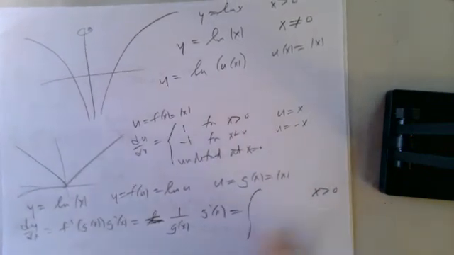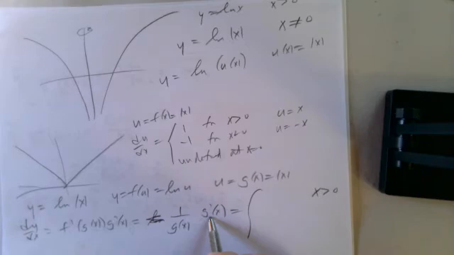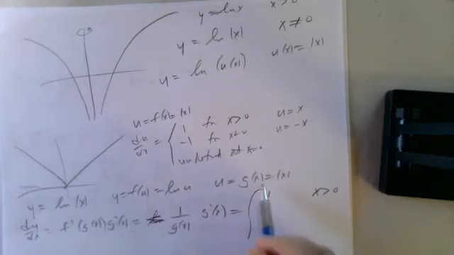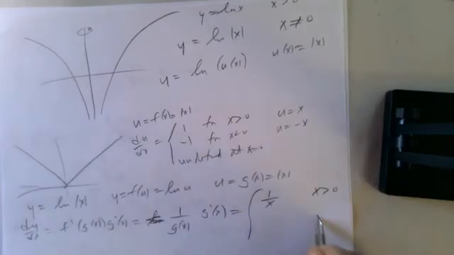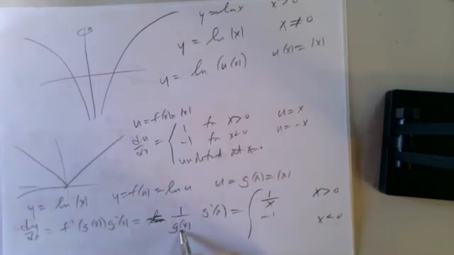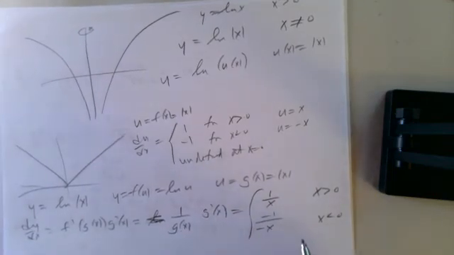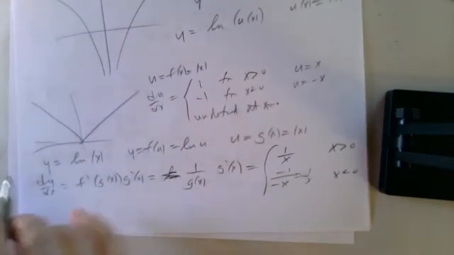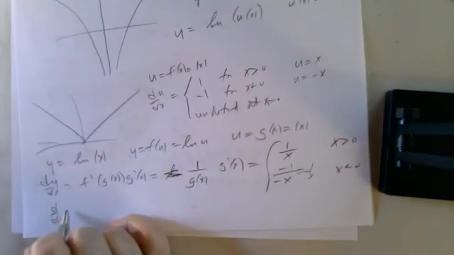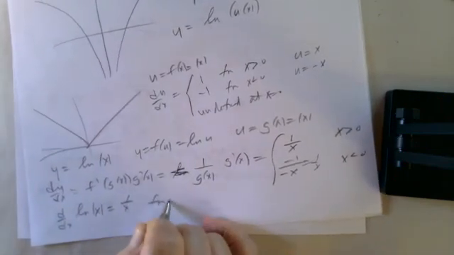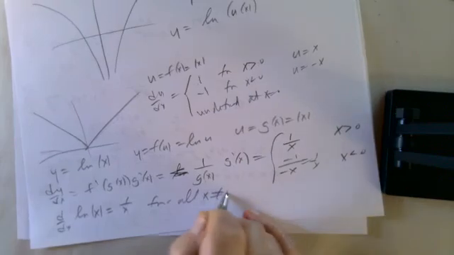If x is positive, g prime of x, which is the derivative, is 1. And g of x, the absolute value of x, is x. If x is negative, g prime of x is minus 1. The absolute value of a negative number is minus the number. So it's also 1 over x. So what we've proved is that the derivative of the log of the absolute value of x is 1 over x for all x non-zero.